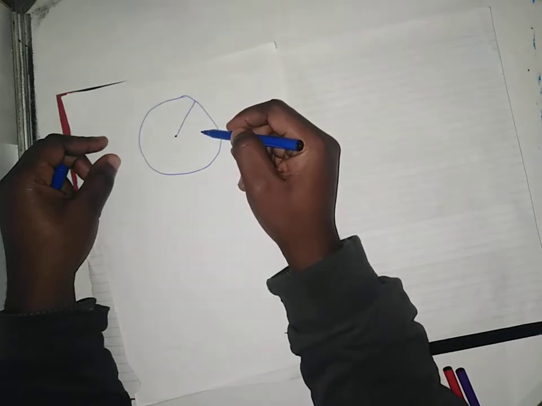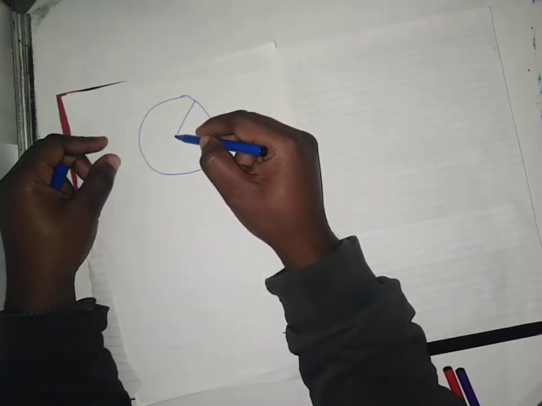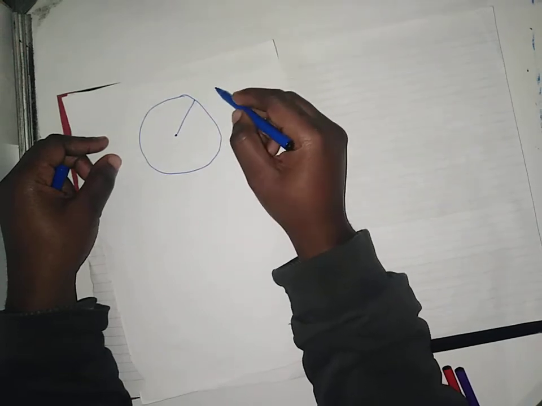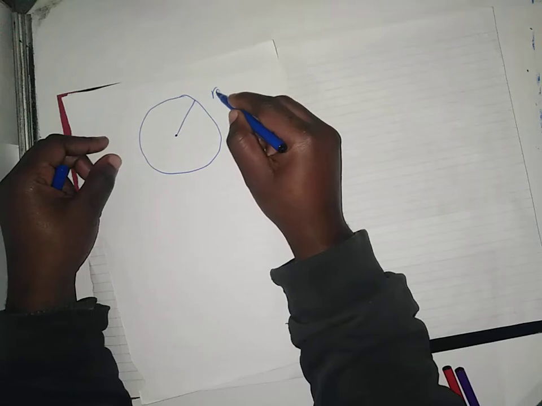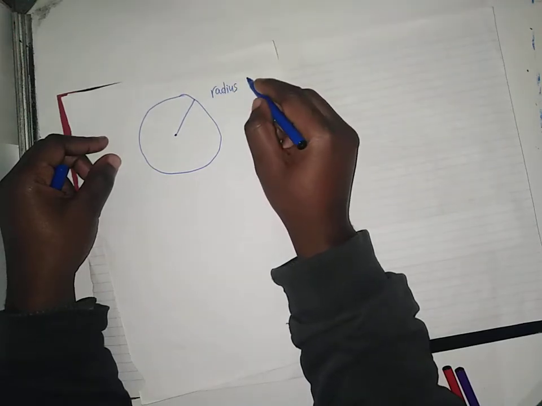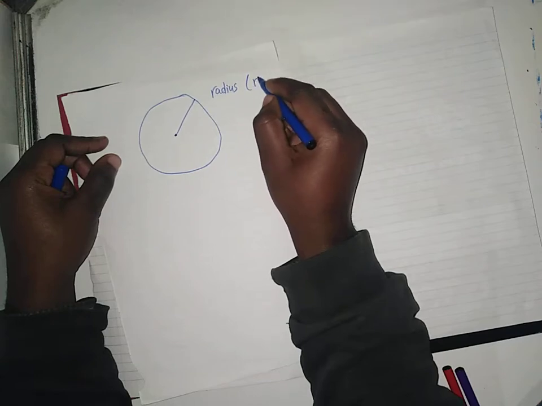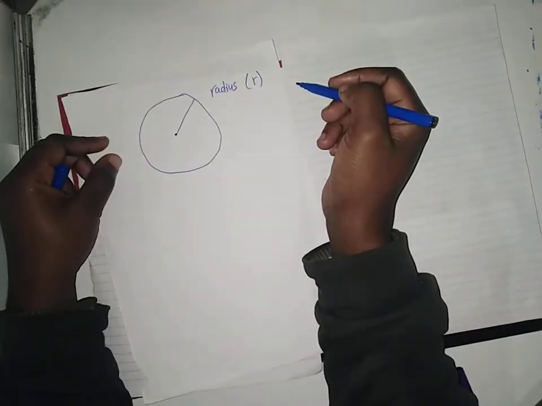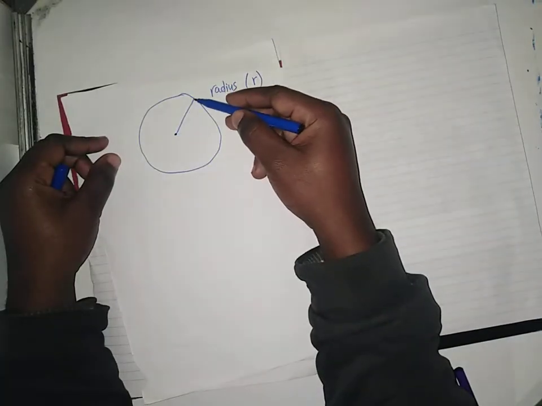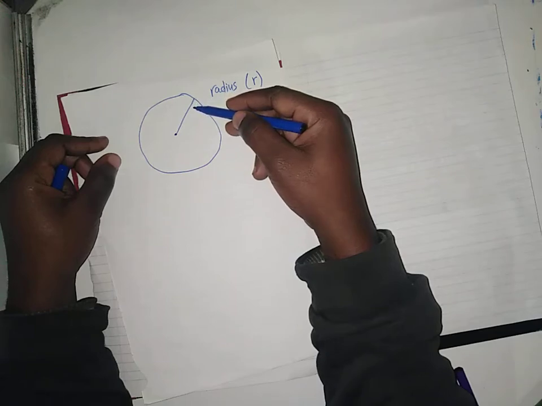A line from the center to the circle has a name, and that line is called a radius. We denote it by r. So if you have a line from the center of a circle to any part of the circle, that line is called the radius. Does that make sense?